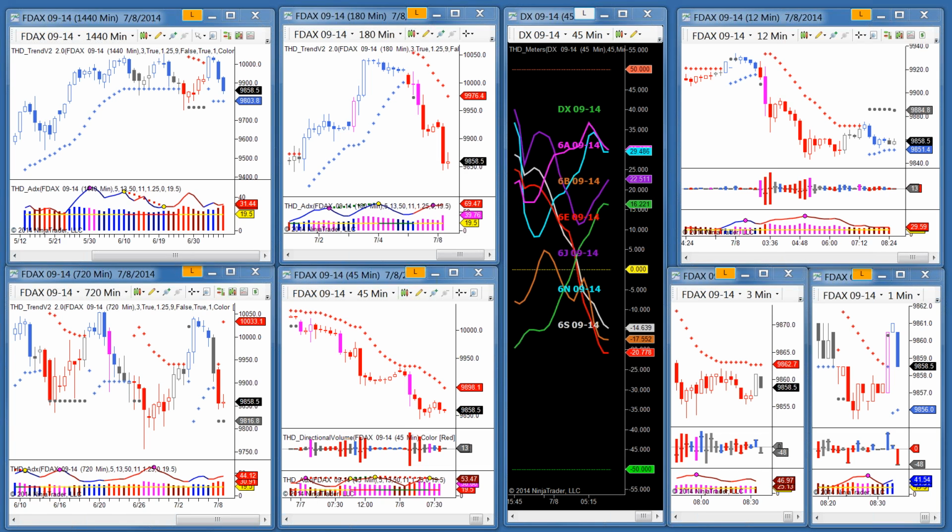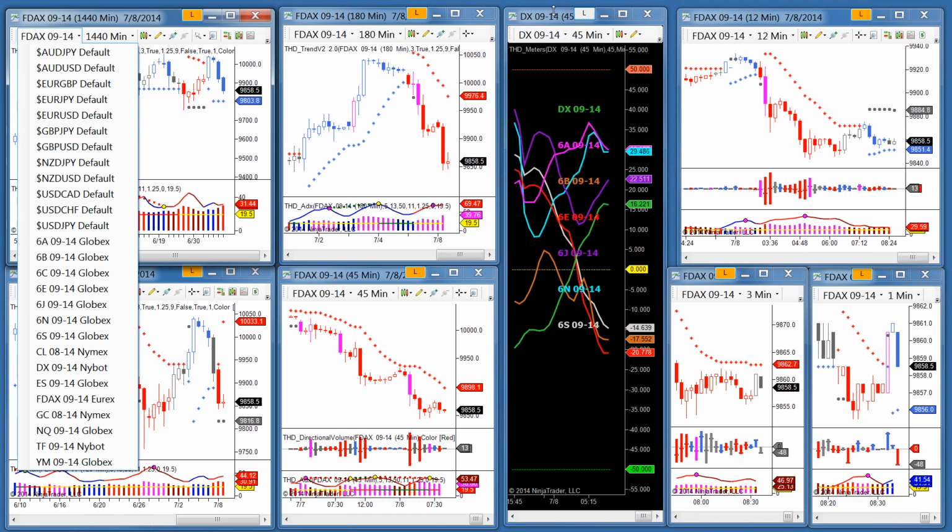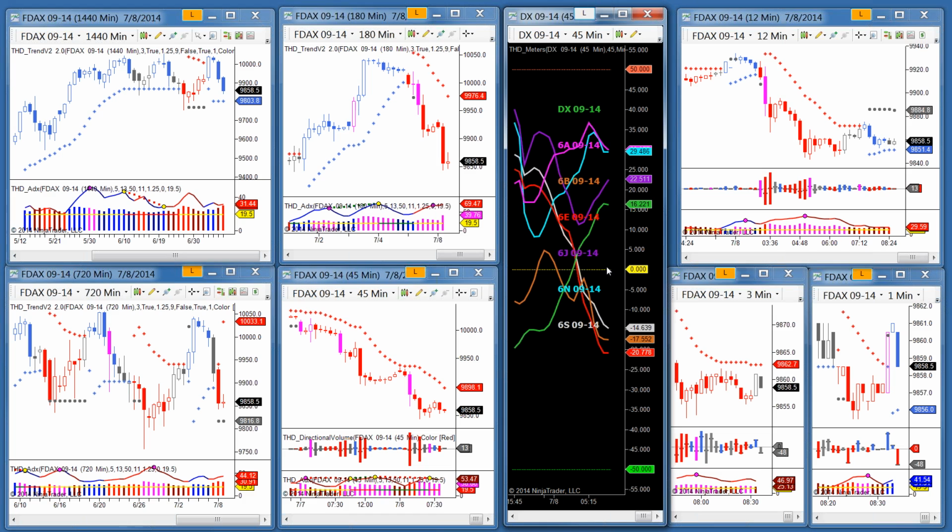All right. The center window is measuring all of the currencies as well as the dollar index. And what you want to see is pretty much exactly what happened. The dollar's moving up, the euro was moving down, the British pound was moving down, not as well, but it was still moving down.